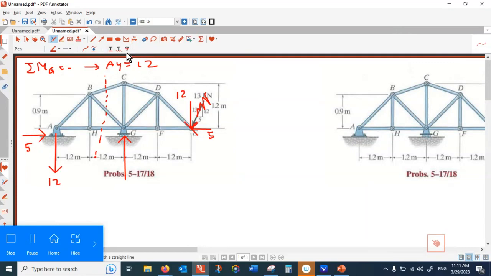But still, I need to solve that triangle. This little triangle should be solved. So that is BC, and that is theta, and that is 0.3, and this is 1.2, right?